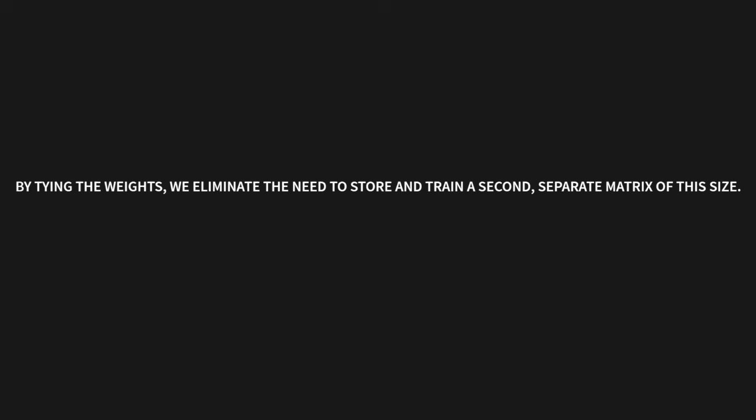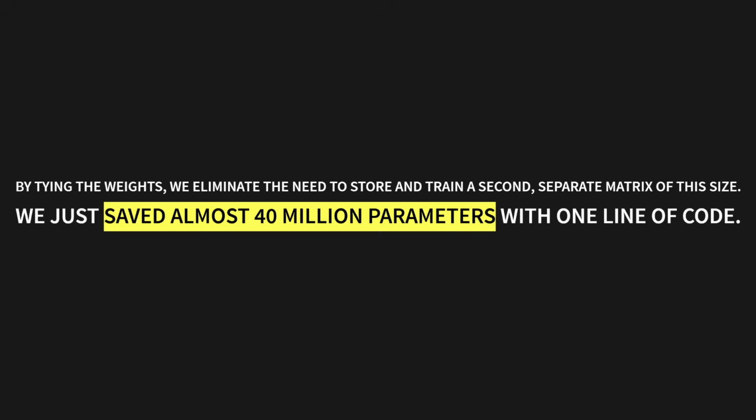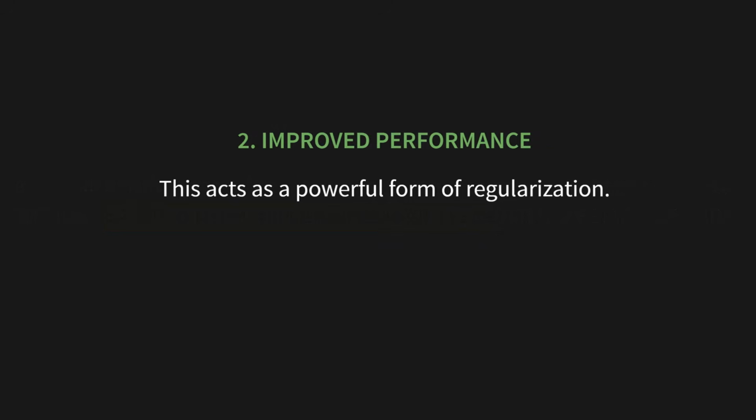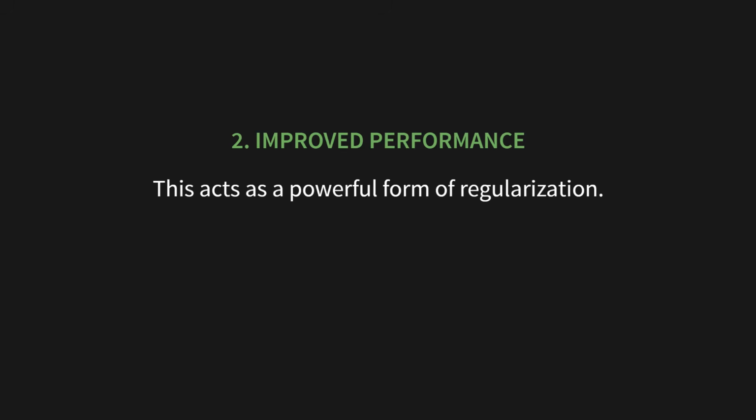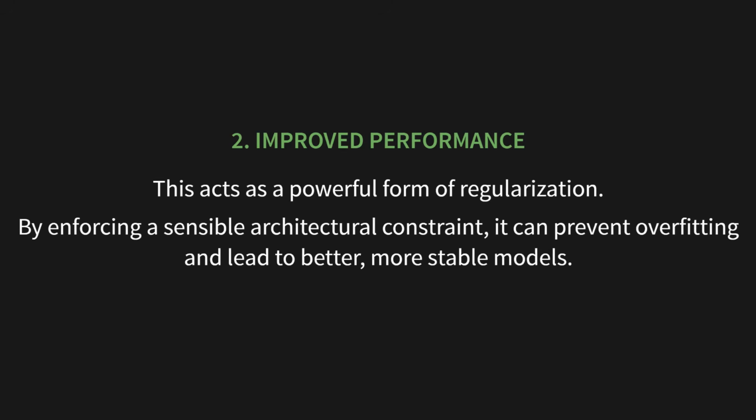By tying the weights, we eliminate the need to store and train a second, separate matrix of this enormous size. We just saved almost 40 million parameters with one line of code. It's absolutely brilliant. Second, you get improved performance. This acts as a powerful form of regularization. By enforcing a sensible, logical architectural constraint, it can prevent overfitting and lead to better, more stable models.